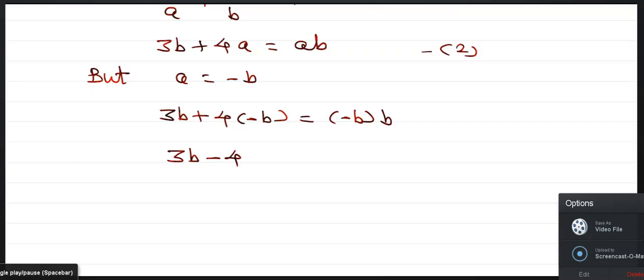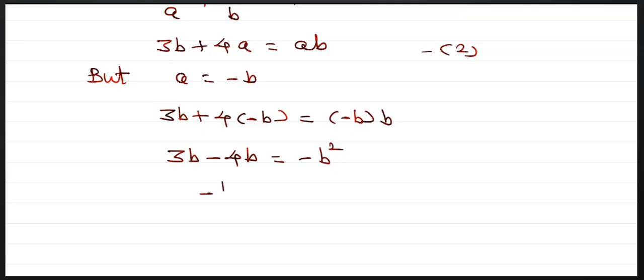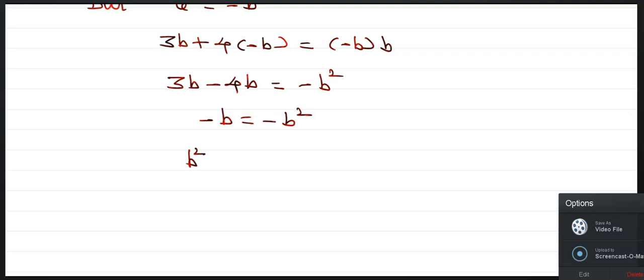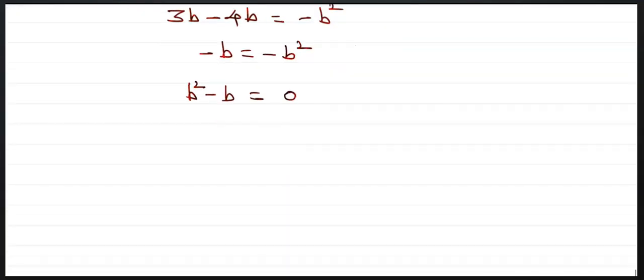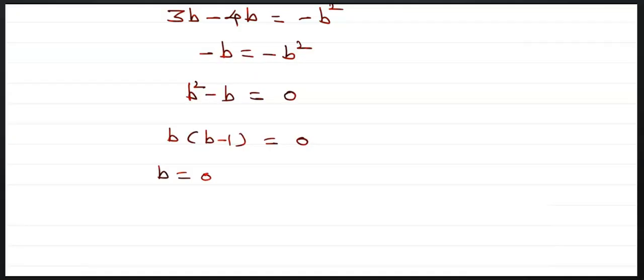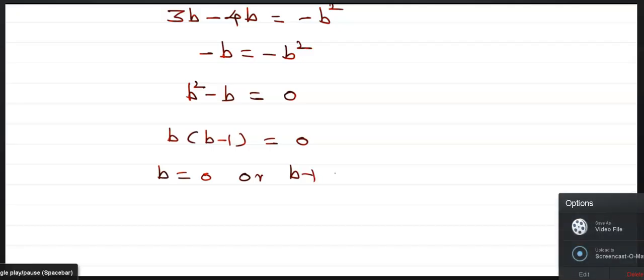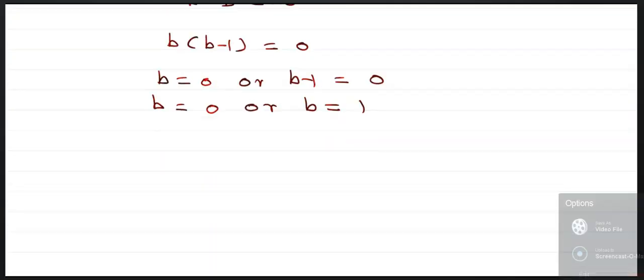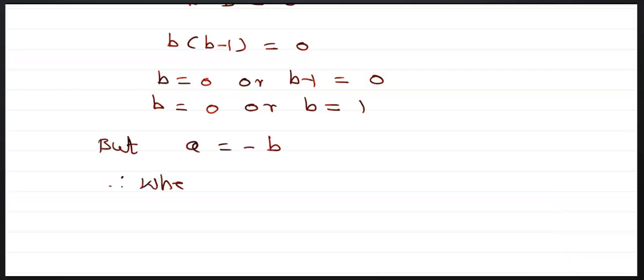Therefore, substitute the value. If we solve that, we will get b(b minus 1) equals 0, so b equals 0 or b minus 1 equals 0. Therefore, the value of b is 0 or b is equal to 1. But a is equal to minus b.